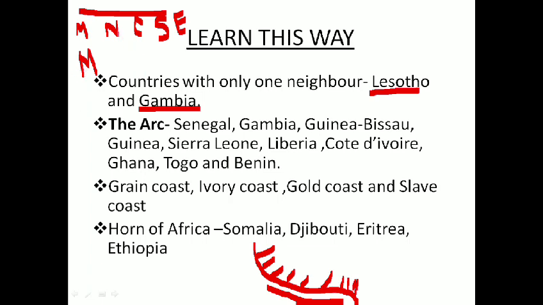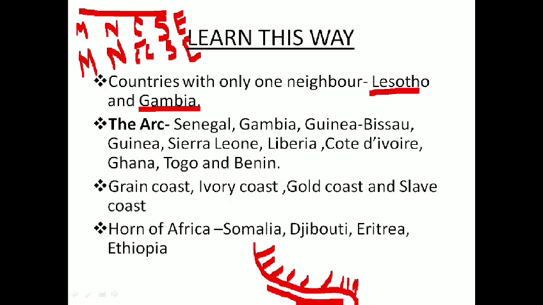Below Niger we have another country towards the south. It also starts with N, that is Nigeria. And below Chad we have two countries again starting with the same C. One is Cameroon, another is Central African Republic. You see both are starting with a C. Here also see, Sudan, and towards its south is located South Sudan. You see S and S. And Eritrea, and just below it is Ethiopia.